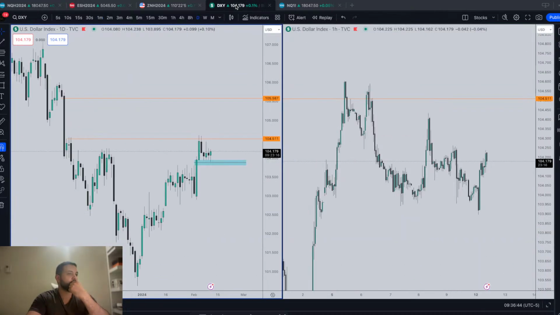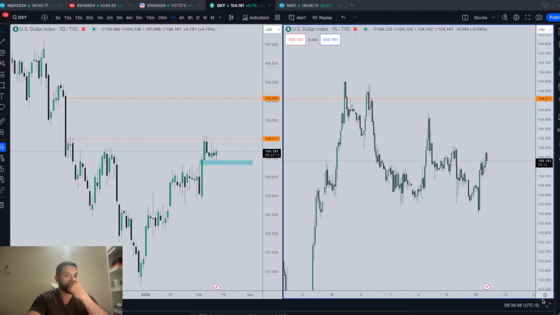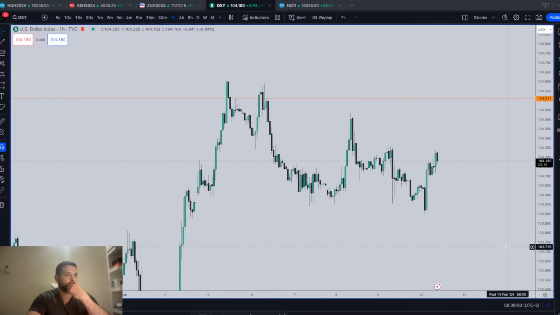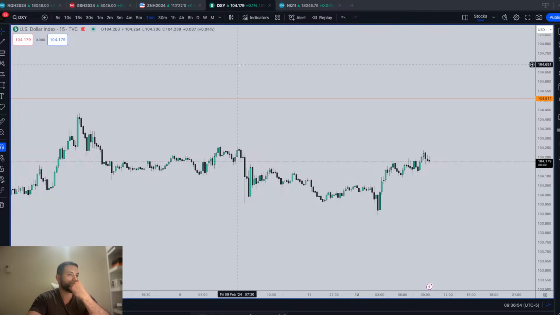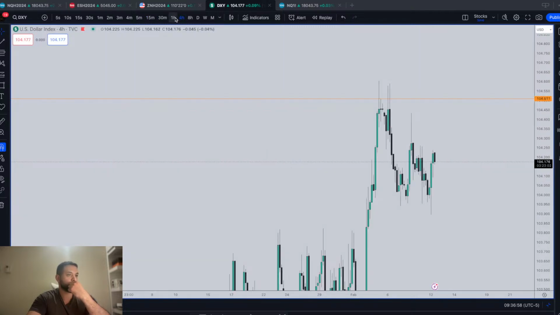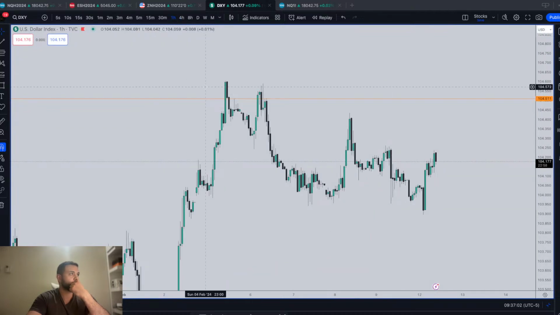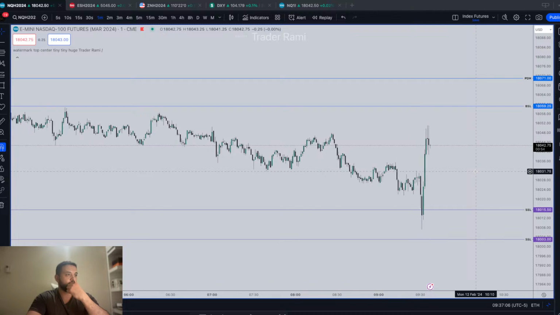Let's have a look at what dollar index is doing. Currently, dollar index stagnant. Moving at the beat of its own drum right now. It's not showing as much activity.